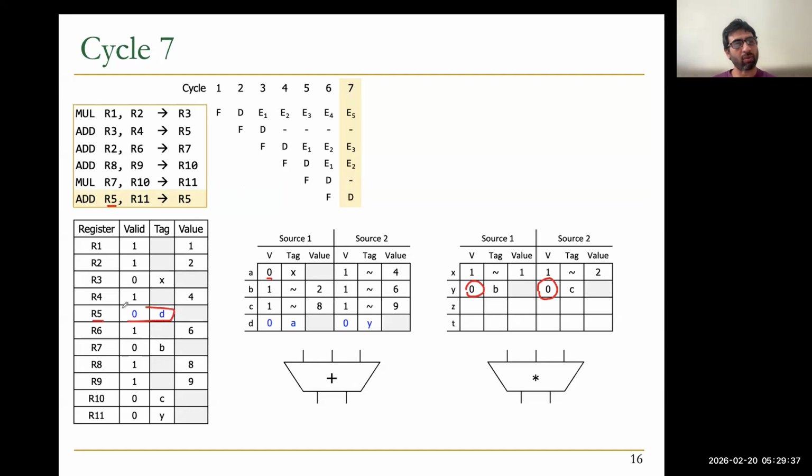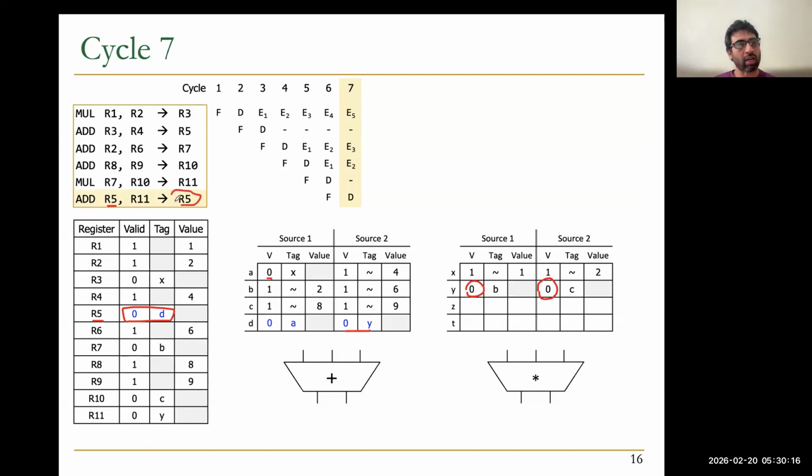No. So before, I wanted to show that R5 is 0 with tag A. So we move this information to the reservation station, where you will get 0 and tag A. And R11 is also the same: we simply copy the information into reservation station D.